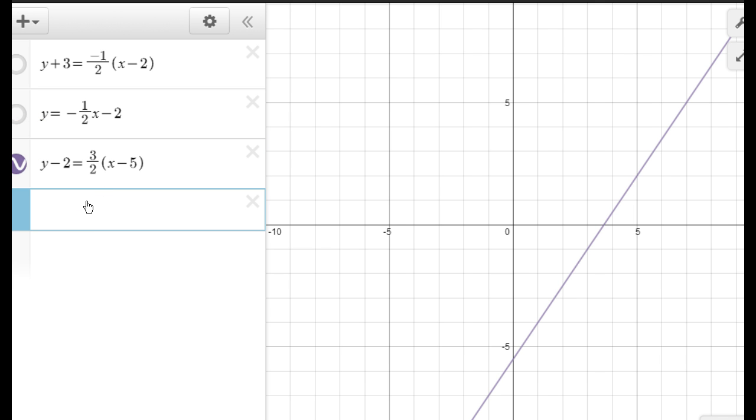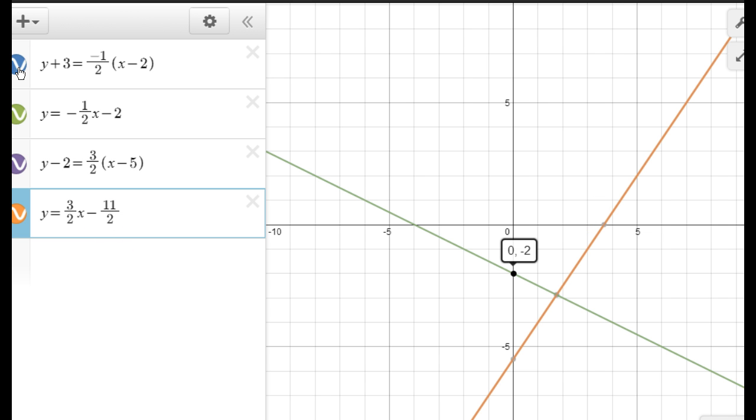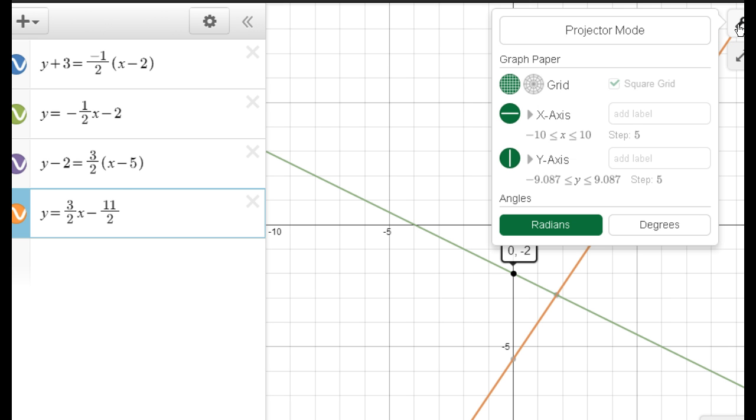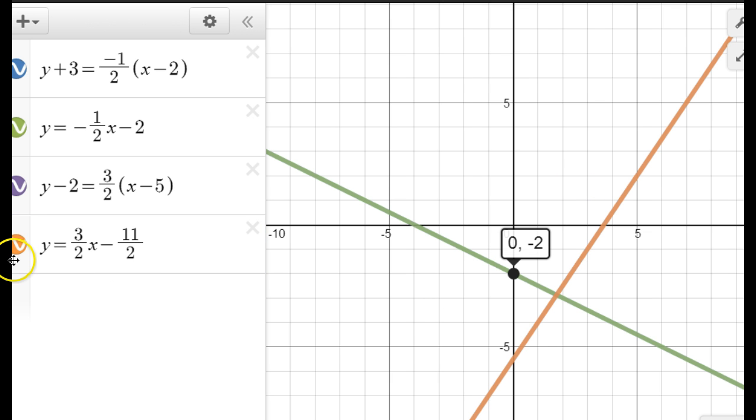And then our answer. And then we can see that's the same line. Okay. Also remember, over here in the corner, if you go to graph settings and hit projector mode, that seems to make the lines a lot easier to see and easier to work with.